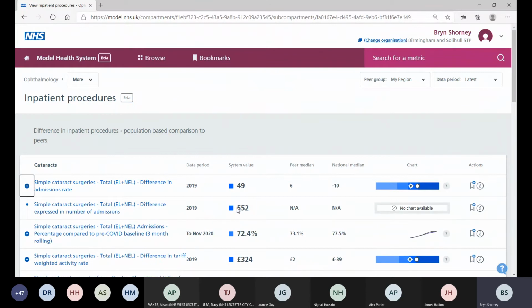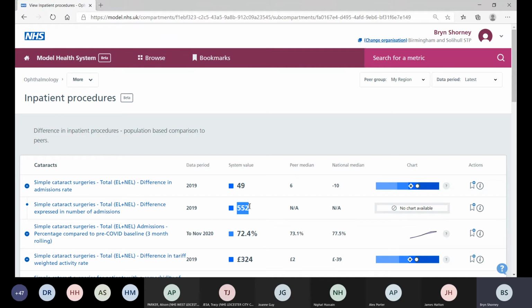There's an indented metric. Compared to the peers, Birmingham and Solihull is doing an extra 552, or was in 2019, simple cataract surgeries compared to the average of their similar peers.